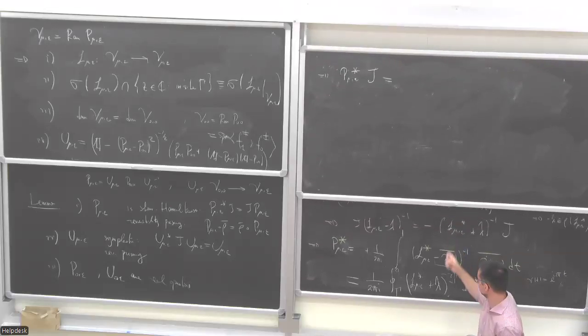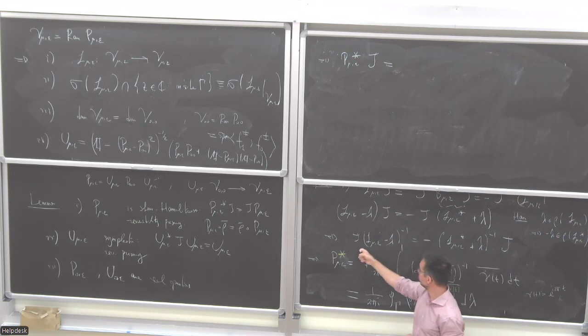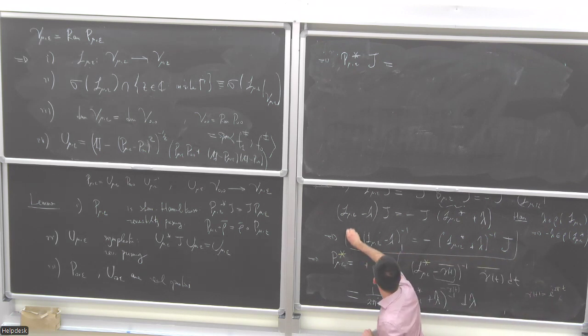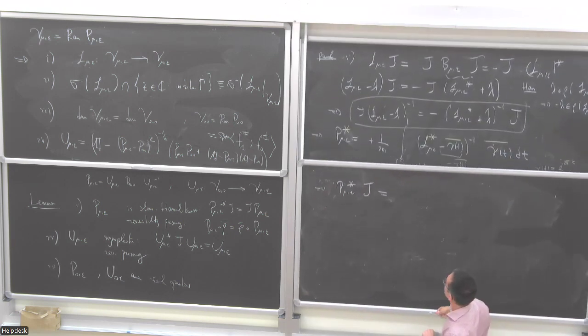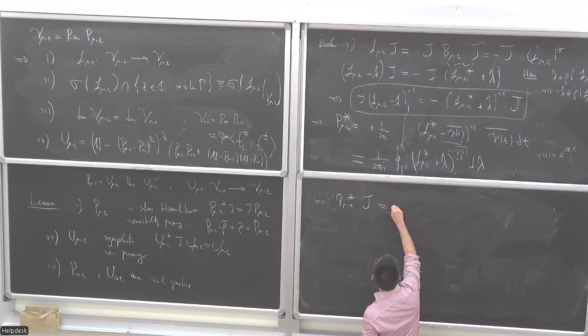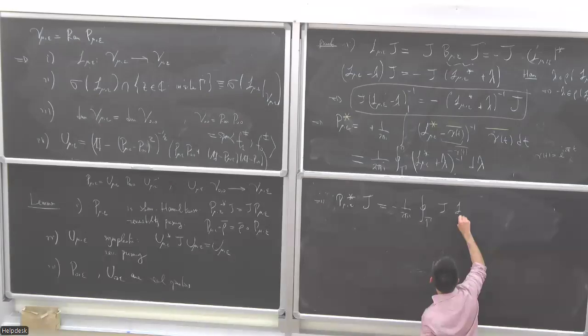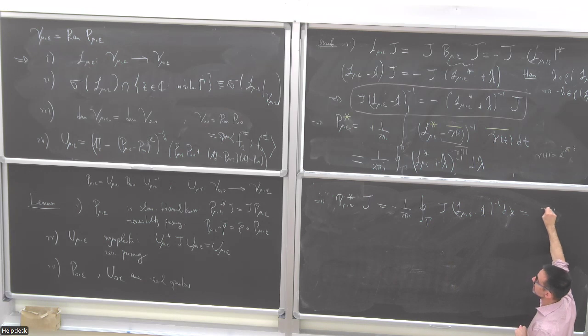So apply J here, which means that I get this. And this tells me that I can commute these two, but I need to check the result. So I have an identity. I apply J, I use this identity, and there is a minus here, and the minus will change the sign here. And so this identity tells me that it is minus 1 over 2 pi integral over gamma of J L mu epsilon minus lambda minus 1 d lambda, and this is exactly J P mu epsilon.